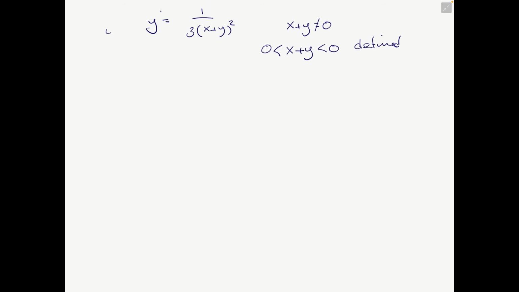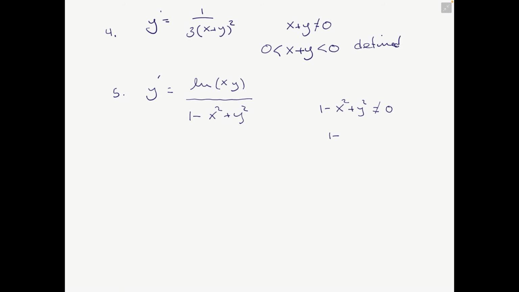That was problem number 4. Number 5. We've got this one. This is interesting. y prime equals ln xy and 1 minus x squared plus y squared. So we can't have 1 minus x squared plus y squared equal to 0.